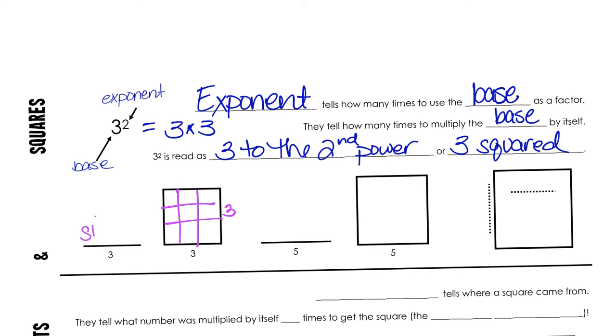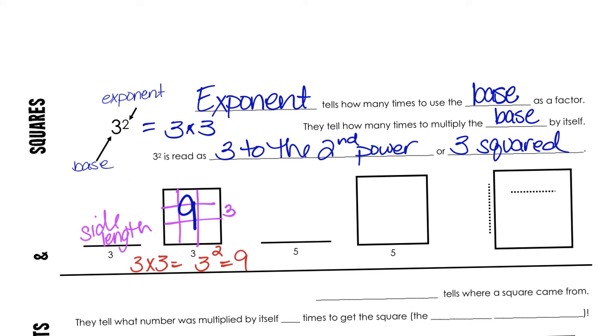So we're multiplying 3 times 3, which is 9. So 3 times 3, which means 3 squared, equals 9.